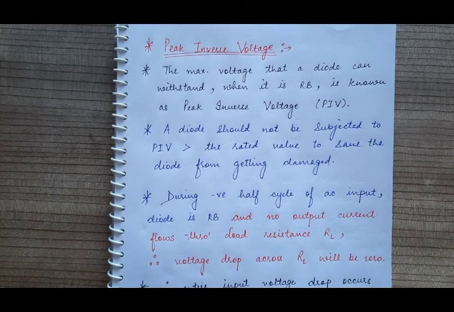So on every diode there is a certain value of voltage written, because that value is the peak inverse voltage. That is the maximum value that a diode can withstand without being broken.